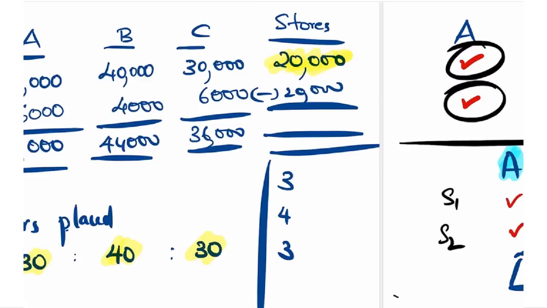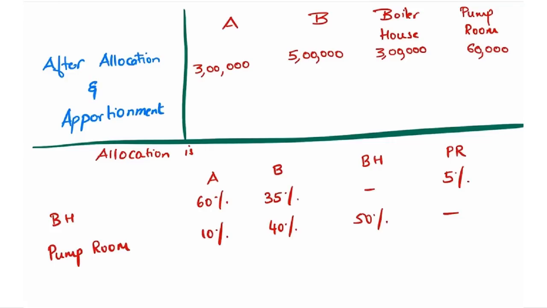Now I want you guys to focus on this question. First step, I've identified my production and the service departments. Which are the production departments? A and B. Which are the service departments? Boiler house and pump room. Then I have to do allocation and apportionment.